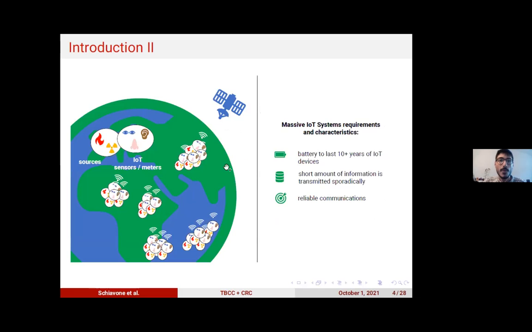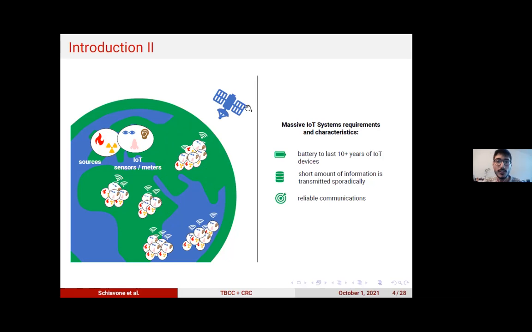But why the interest in short codes? Because, for instance, in IoT systems, the main constraints are that we have a lot of sensors placed nearly everywhere.